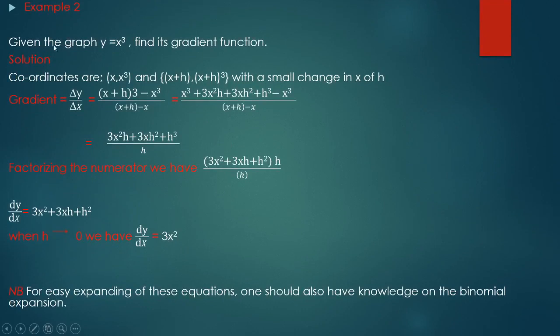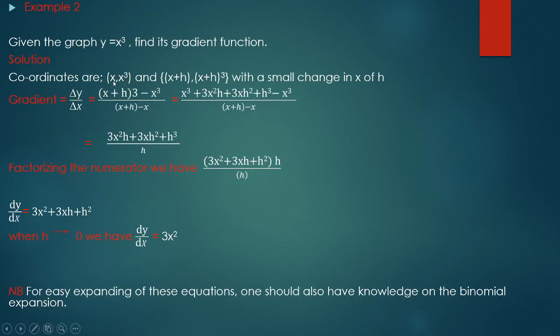Example 2, given the graph y equals x cubed, find the gradient function. Now, we need to know the coordinates. We said we need to have a small change in x, which was h. We use the same. A small change in x, which is h. And therefore, our first coordinate is x and x cubed.